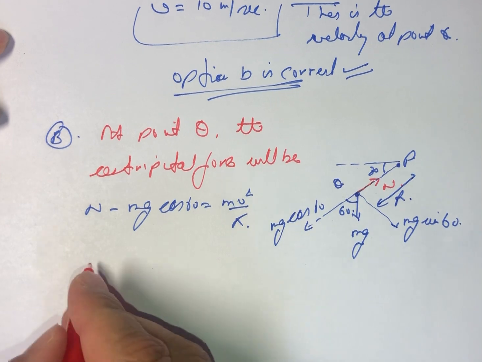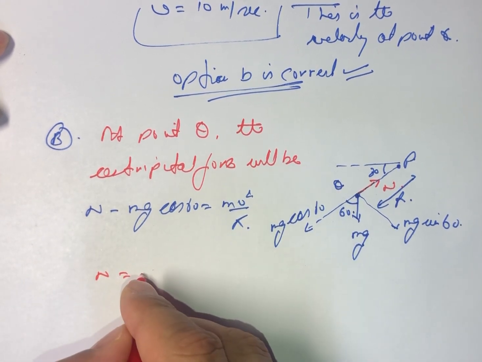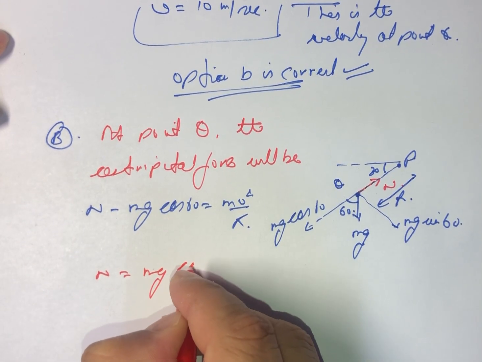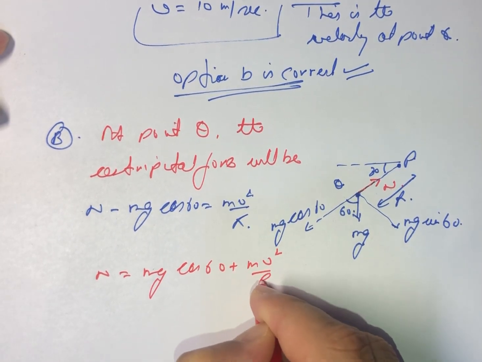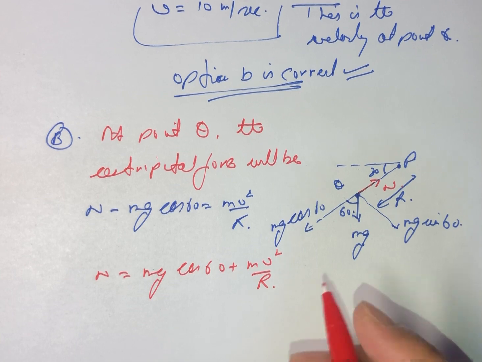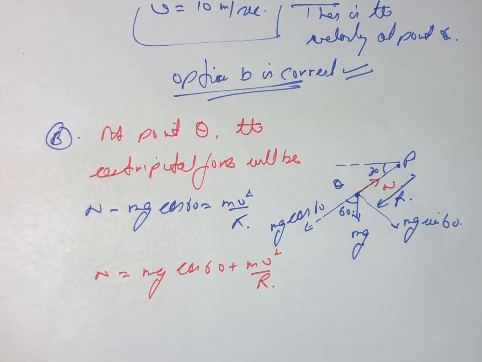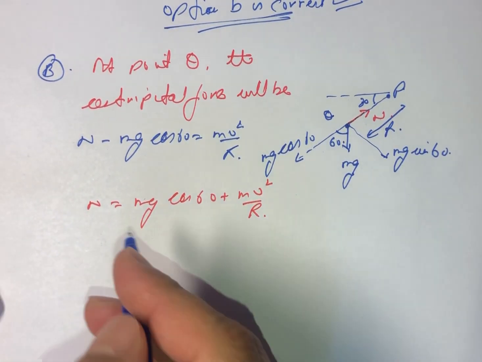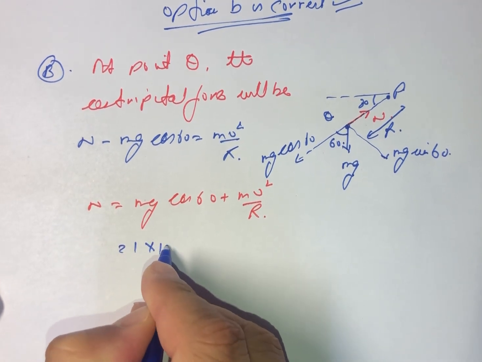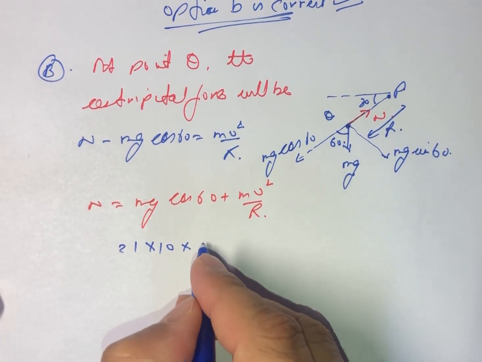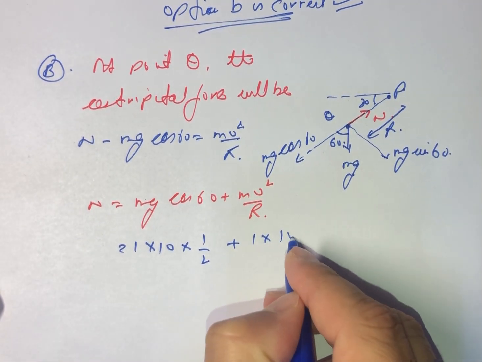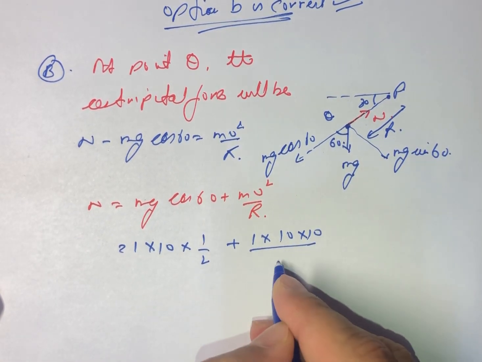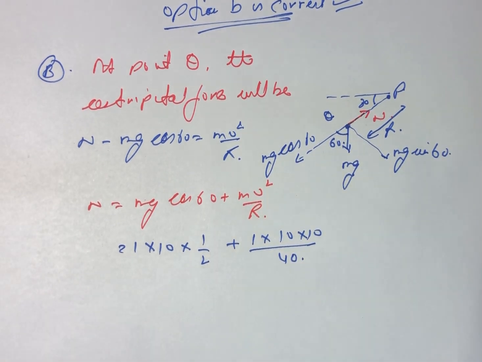Therefore, we can write n will be equal to mg cos of 60 plus m v square upon r. We substitute the values. m is given as 1, g is 10, cos 60 will be coming as 1 by 2, mass is 1, velocity we already found out is 10, and radius is given as 40.